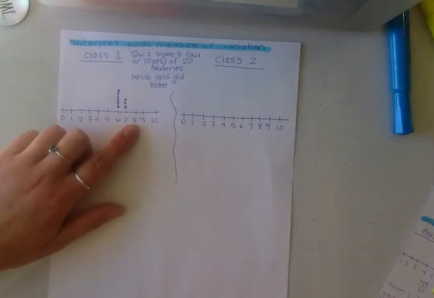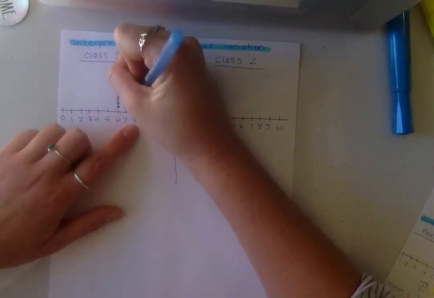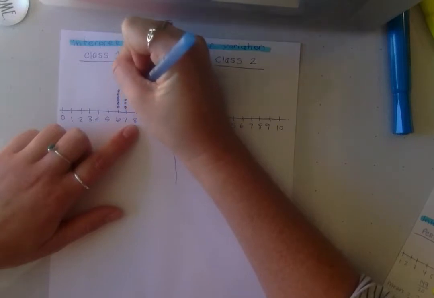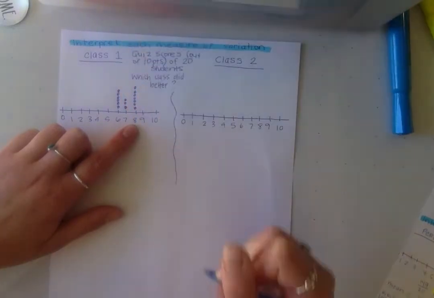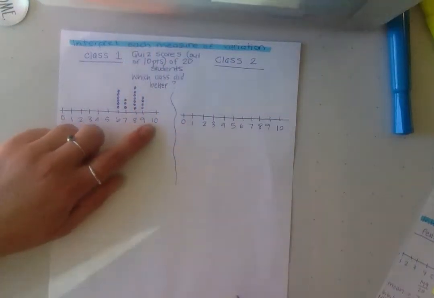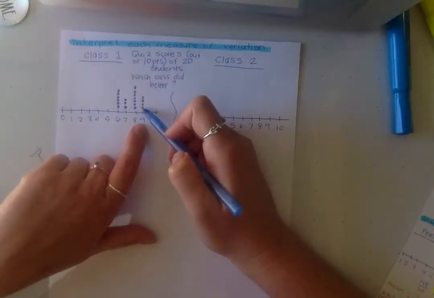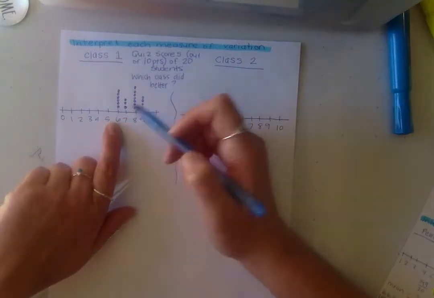For 8, wow, 7 students scored 8 points. For 9 points, 4 students. And that was it. No one actually got a 10 out of 10. So the highest scores were 9 out of 10 points, and the lowest scores were 6 out of 10 points.